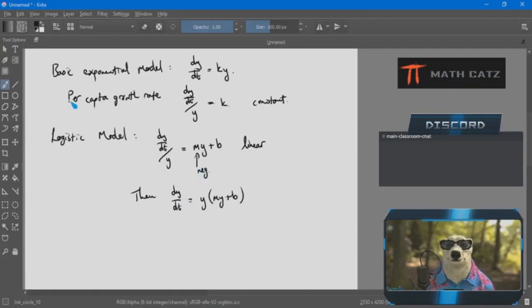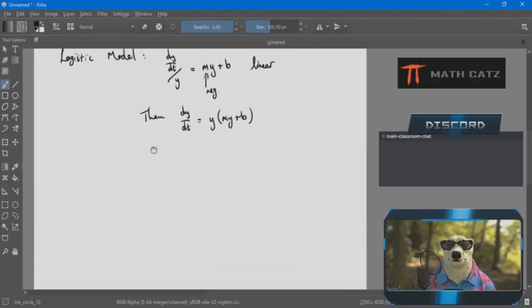Now our other view is to say that the basic exponential model was the growth rate proportional to the population size.